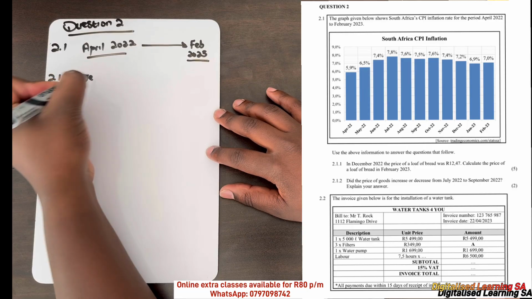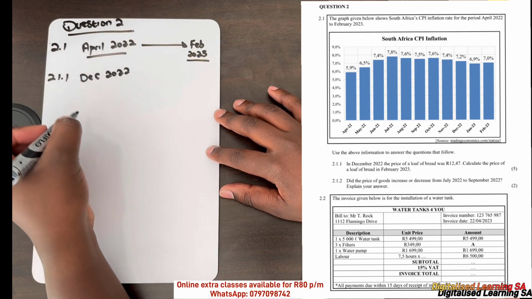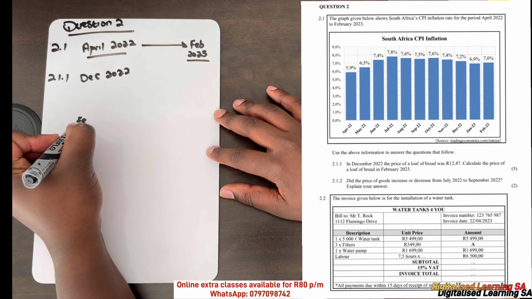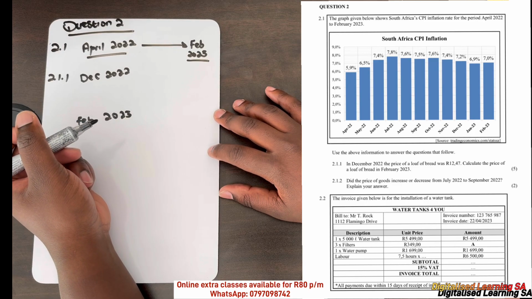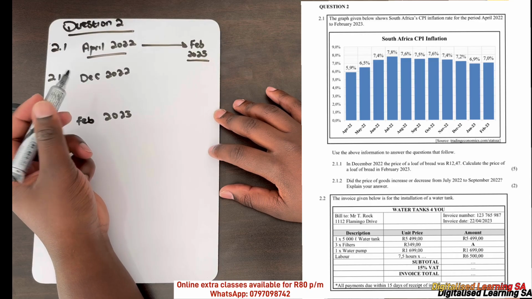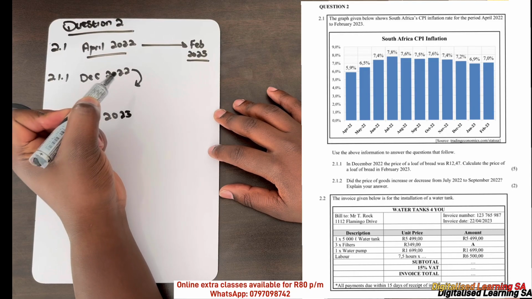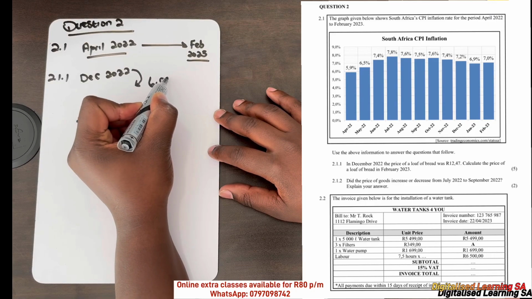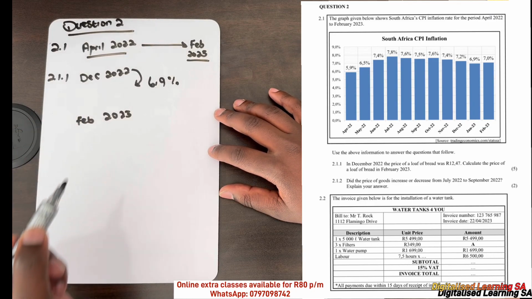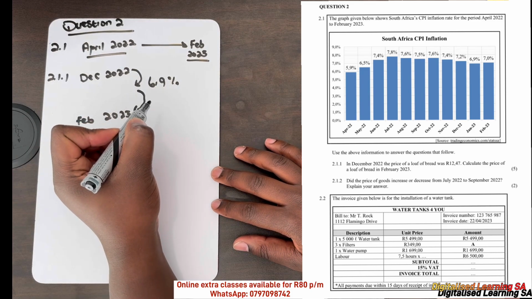So we are given the price for December 2022, and we need to find the price for February 2023. We are given the percentage increases, meaning that from December to January the price increased by 6.9%, and from January to February the price increased by 7%.